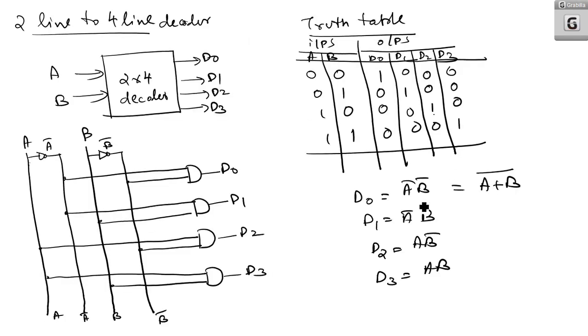Here I have A and B. I have written D0 as A bar B bar, D1 as A bar B, D2 as A B bar, and D3 as AB.